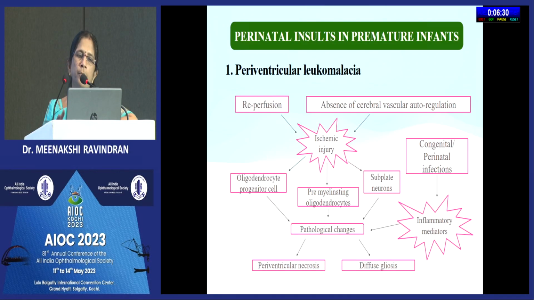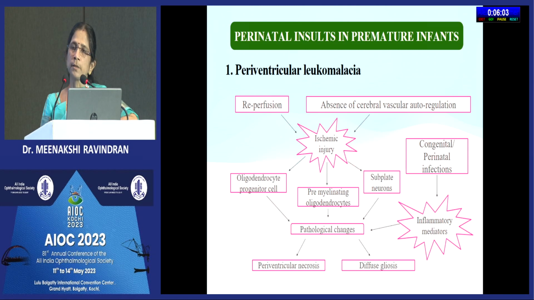The main problem which we face here, as the previous speaker Sasikala was also telling, is periventricular leukomalacia, which is nothing but a hypoxic insult to the brain. Our country is now going through a change, like what happened earlier with ROP.